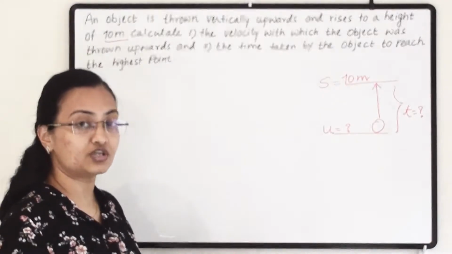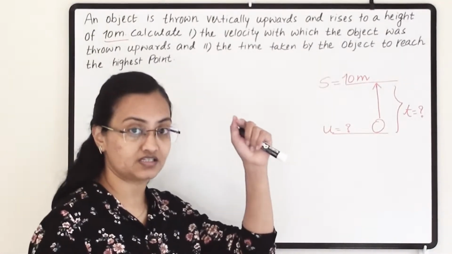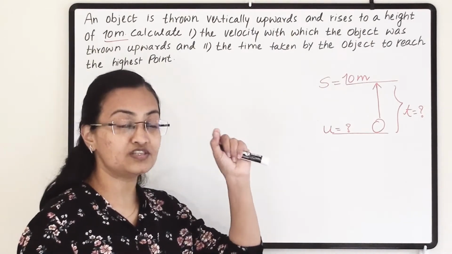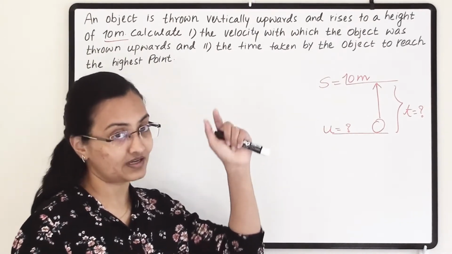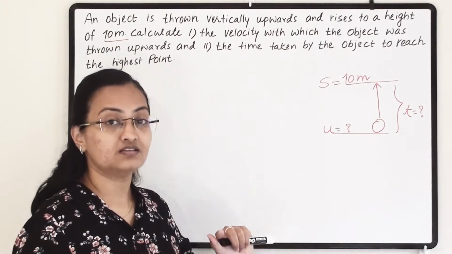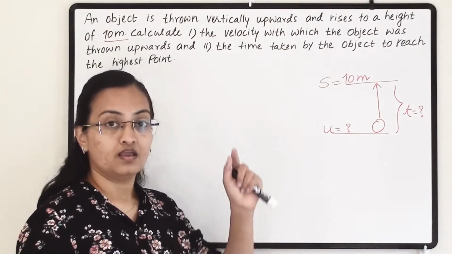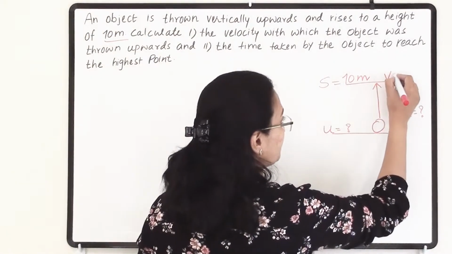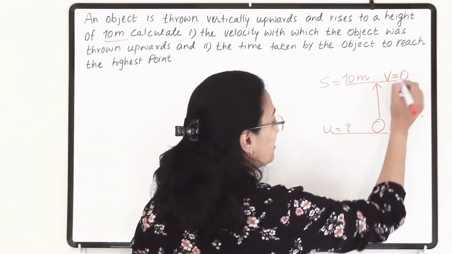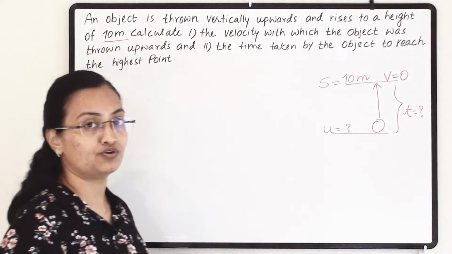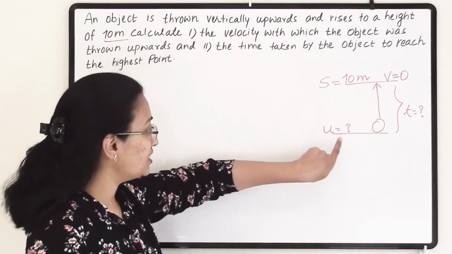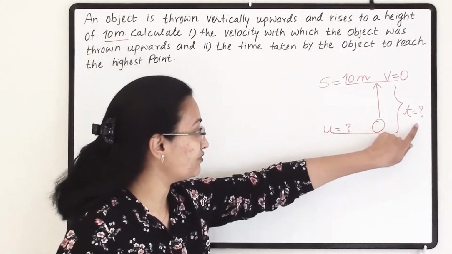Now when the object reaches a certain height and comes back, at that height it will stop for a fraction of a second and then start coming back. So for that we are taking the final velocity as 0, because it will stop at one point and then come back. So initial velocity and time we have to find out.